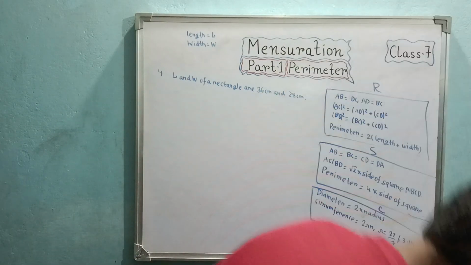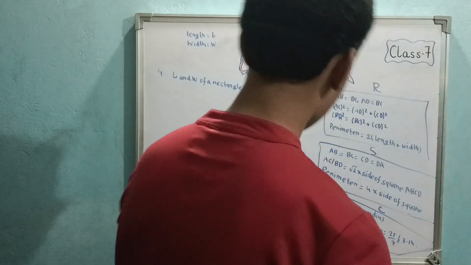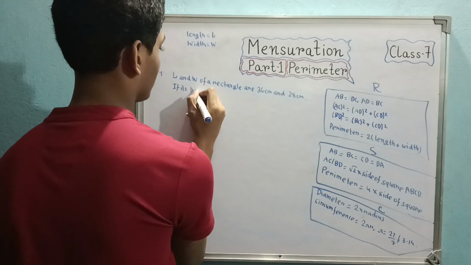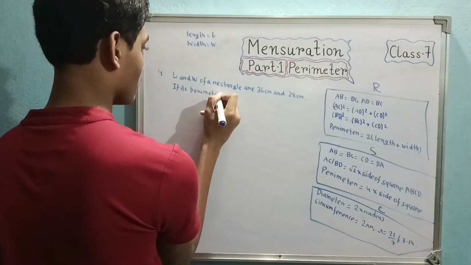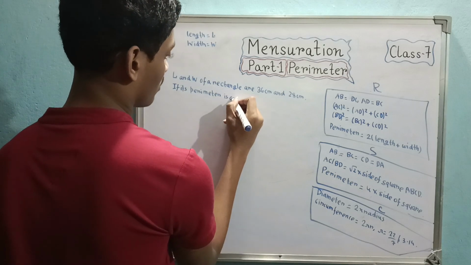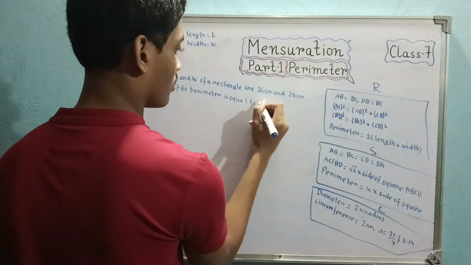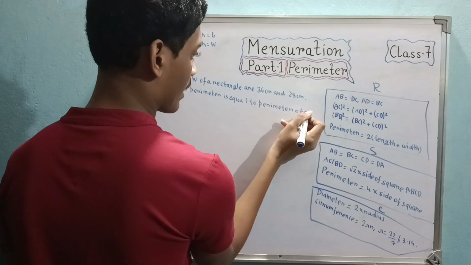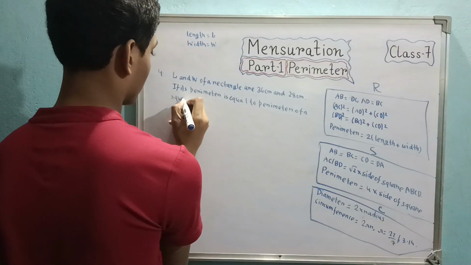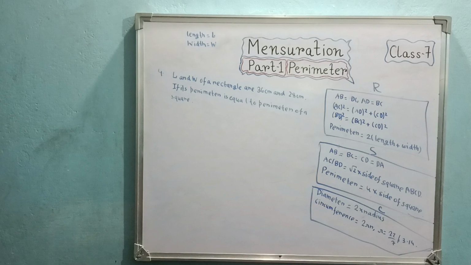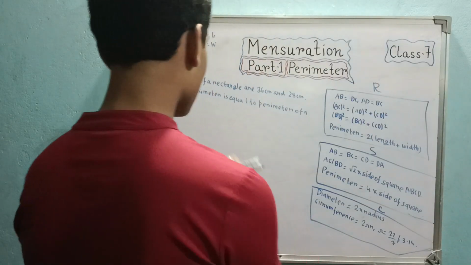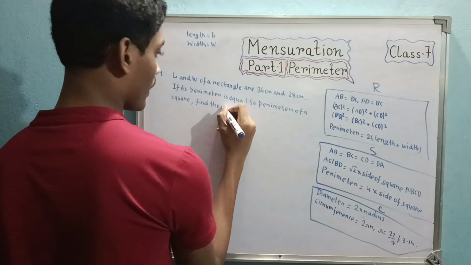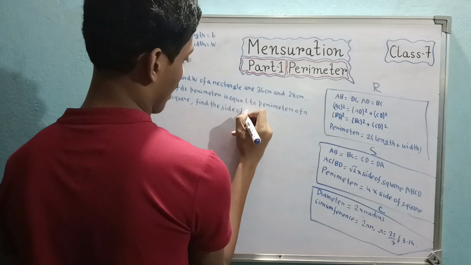If the perimeter is equal to the perimeter of a square, find the side of the square. Okay, this is interesting. Good question, right? Now we have two figures in the question. How to do this?